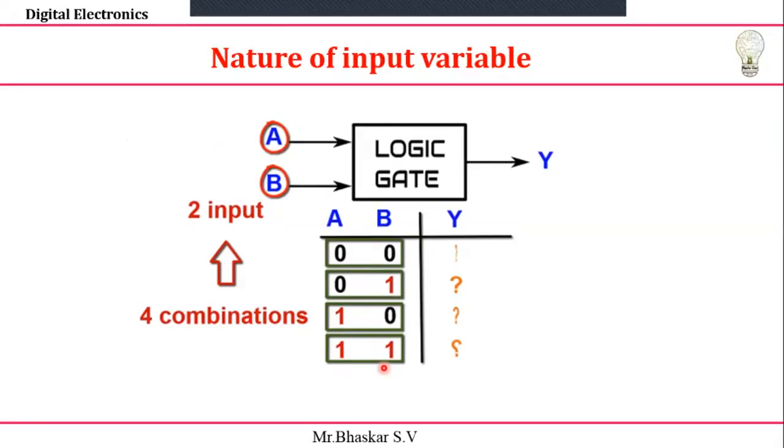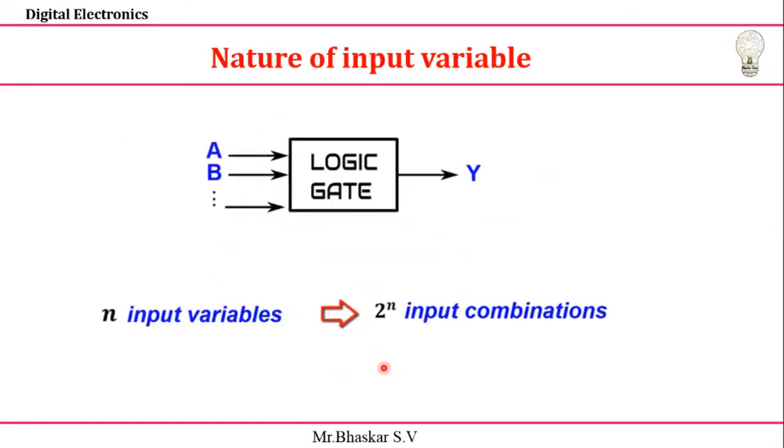Generally I can conclude: if you're looking at n number of input variables, we have 2 to the power of n input combinations. For example, if a 3 input variable is given, then 2 to the power of 3 is nothing but 8. So totally I have 8 input combinations. Okay, hope you understand this one. This is the nature of input variable.